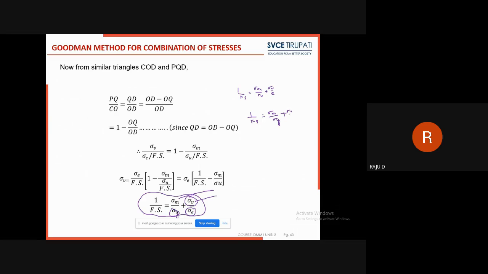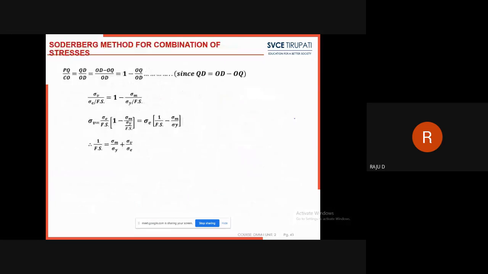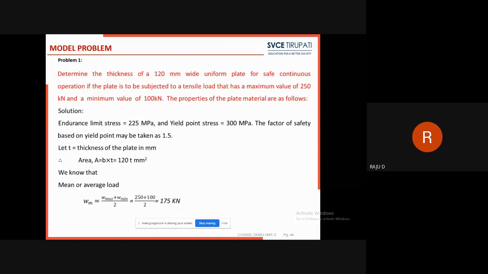You have to calculate the factor of safety, or the diameter of the bar, or the thickness of the specimen. These two basic formulas we use to find the factor of safety or diameter or whatever it is. Next, the problem: determine the thickness of a 120 mm wide plate.